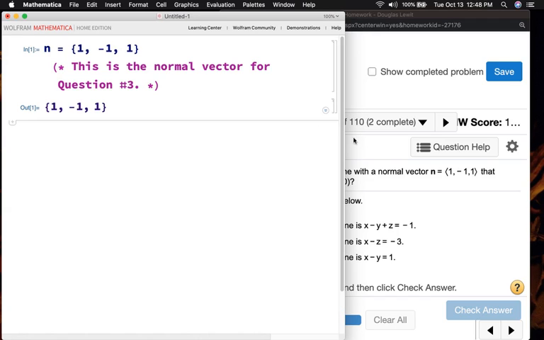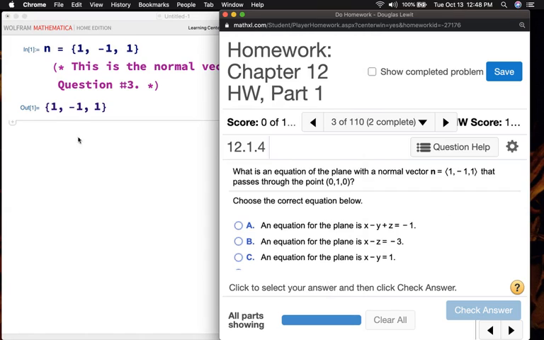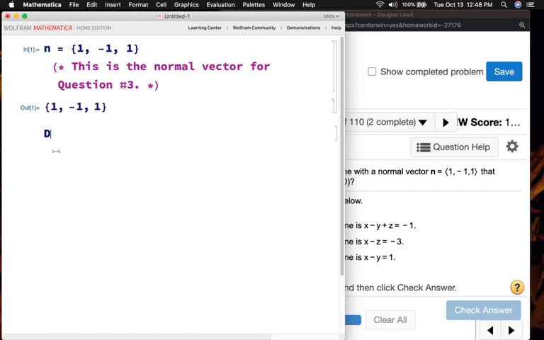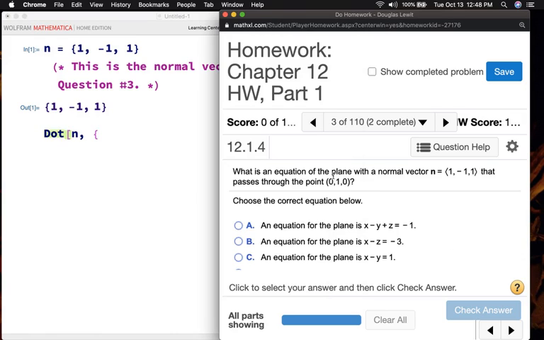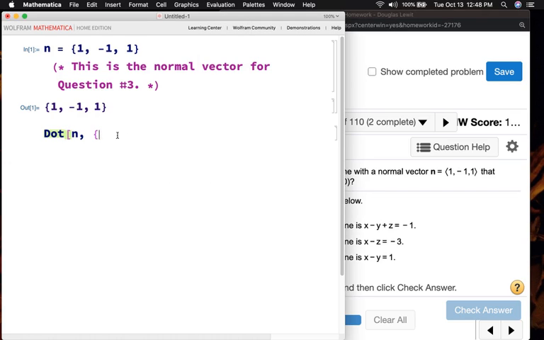And if I take the dot product of my normal vector and the point, which is 0, 1, 0, the point should be x minus 0, which is just x, and then y minus 1, and then z minus 0, which is just z.